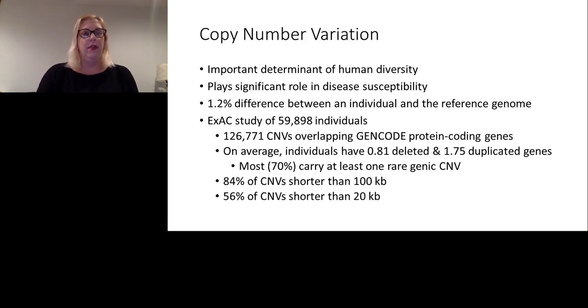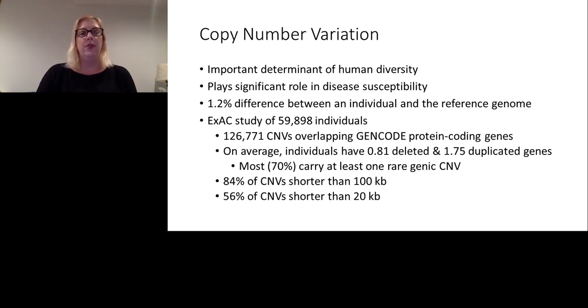I'd first like to give an overview of copy number variation. As we're all aware, this is an important determinant of human diversity and plays a significant role in disease susceptibility. There's about 1.2% difference between any individual and the reference genome. In one study of almost 6,000 individuals, over 126,000 copy number variants were noted in protein coding genes.